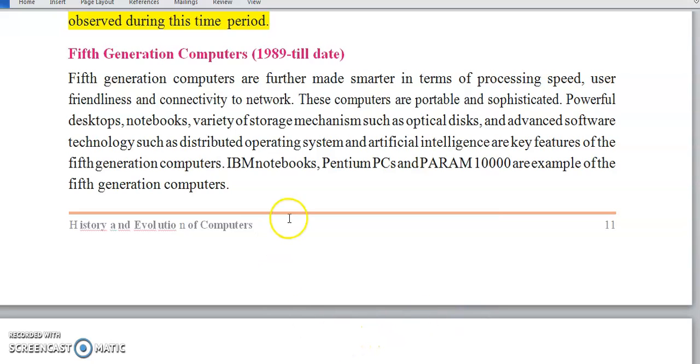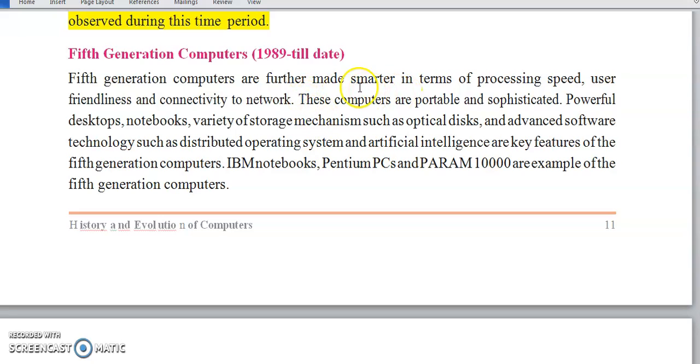Fifth generation computers start from 1989 till date. This book was published 4 to 5 years back. So fifth generation computers are further made smarter in terms of processing speed, user friendliness and connectivity to networks. These computers are portable and sophisticated. Powerful desktops, notebooks, a variety of storage mechanisms such as optical disks, and advanced software technology such as distributed operating systems and artificial intelligence are key features of the fifth generation computer.